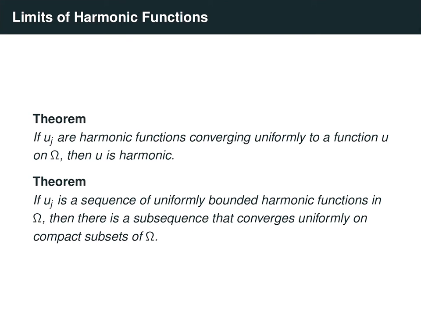So that means that these functions u_j are uniformly Lipschitz inside each ball contained inside your domain. And that implies that they form a locally equicontinuous family of functions. And thus we can use Arzela-Ascoli to pass to a subsequence that converges uniformly on compact subsets of omega. And as the previous theorem says, this subsequence will converge to a harmonic function.